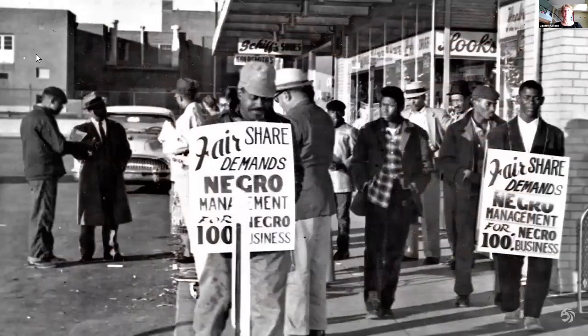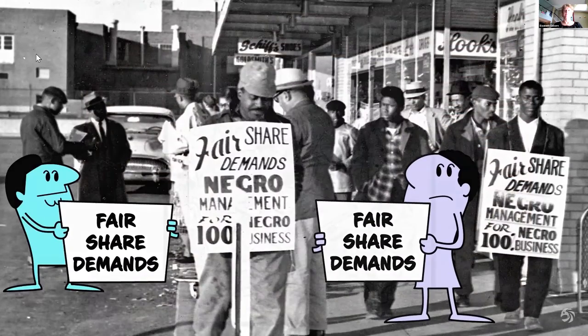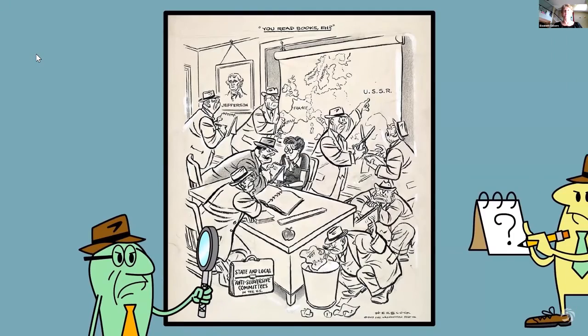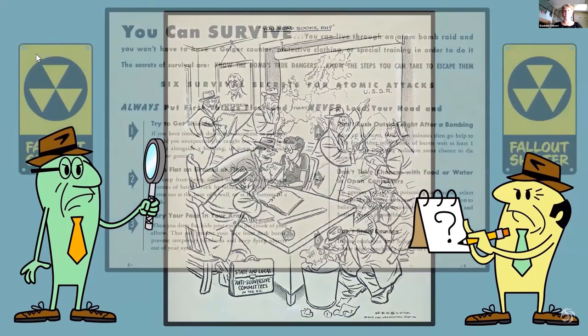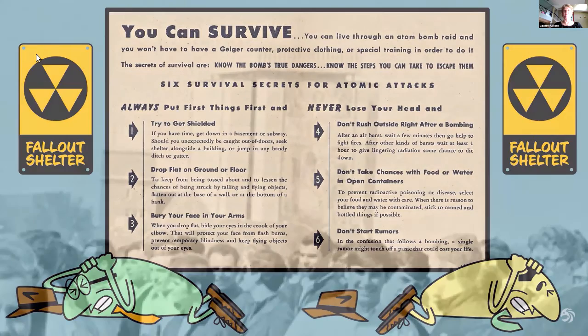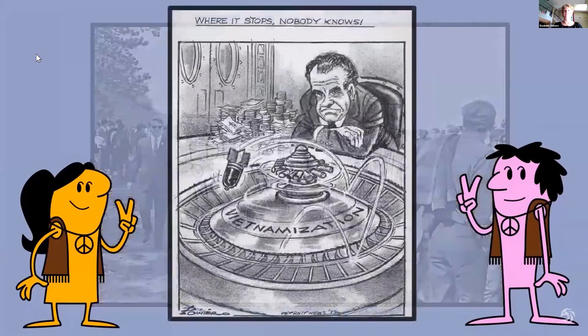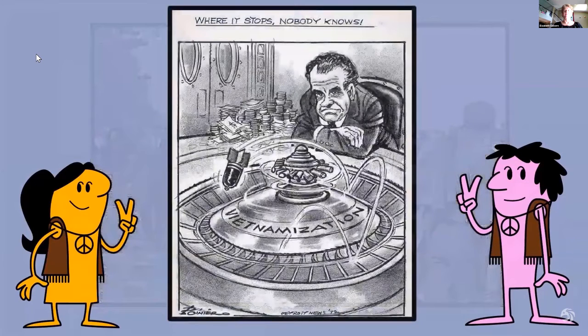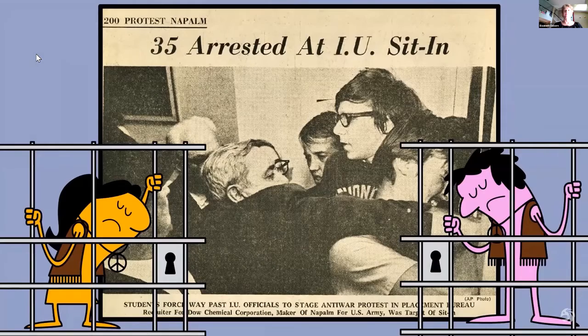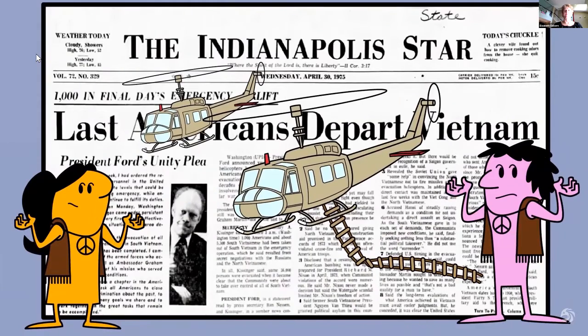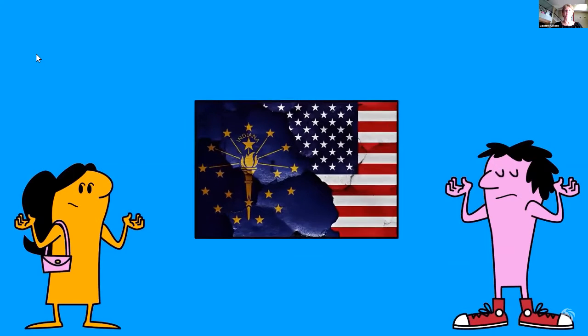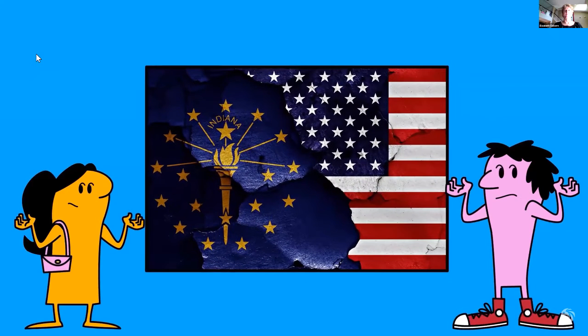Racial unrest, the erosion of high-paying factory jobs as a result of foreign competition, Cold War tensions with the Soviet Union, the Vietnam War, and Watergate left many Hoosiers disillusioned and uncertain about the future as the era drew to a close. How does Indiana continue to progress in divisive times?